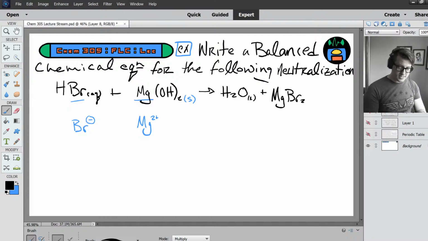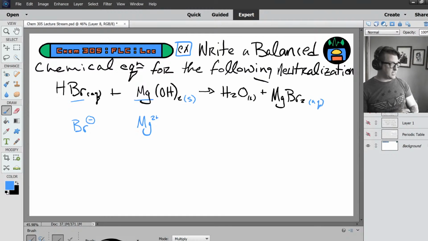There's 2 bromides to 1 magnesium, and bromide is usually soluble according to the solubility rules, and it's insoluble with lead 2, mercury 1, and silver. Because magnesium's not on that list, we can write aqueous as the phase for magnesium bromide.